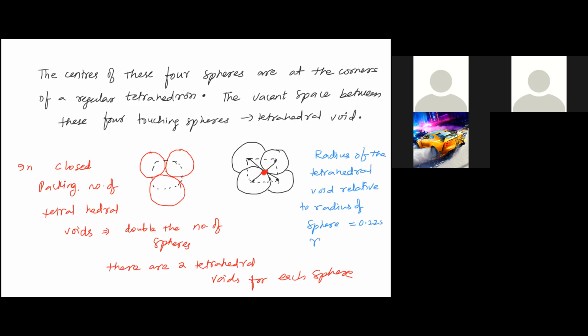The radius of the void to the radius of the sphere is only 0.225. This much is only about tetrahedral voids. Next, we are going to write about the octahedral voids. This is the continuation for the tetrahedral voids. So let me know if I can clear the screen after you're done copying.